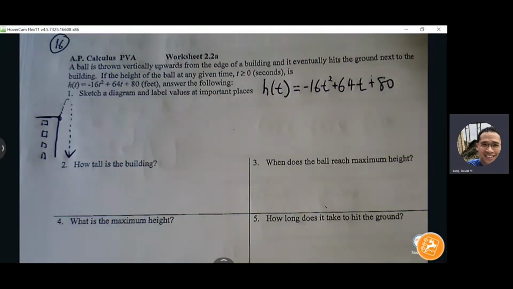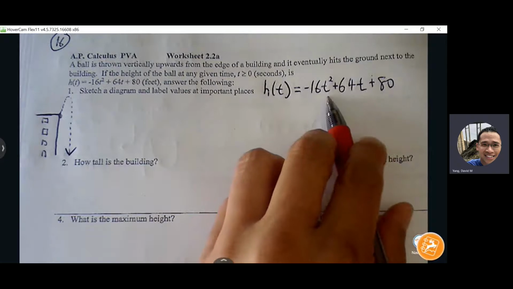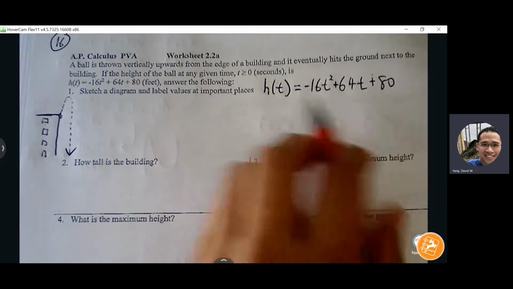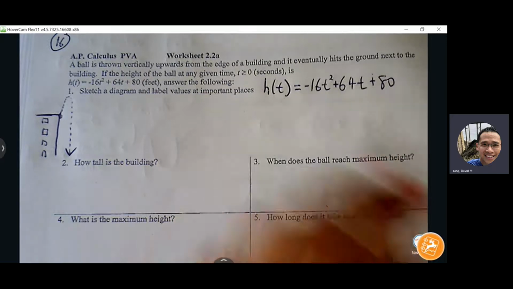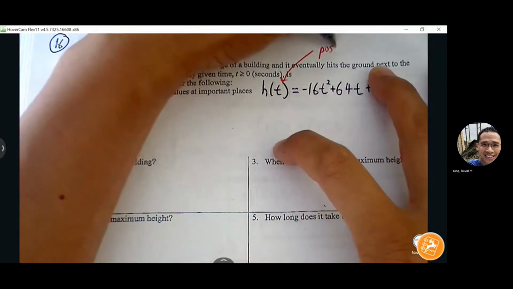So h of t is going to do the job of telling us the height of this ball at any moment in time. So if I give it a t value, whether it's 0 or 1 or 2 or 3, in return, it's going to give me a number, and that number is going to tell us how high the ball is off the ground at that moment in time. So h of t is my position function.